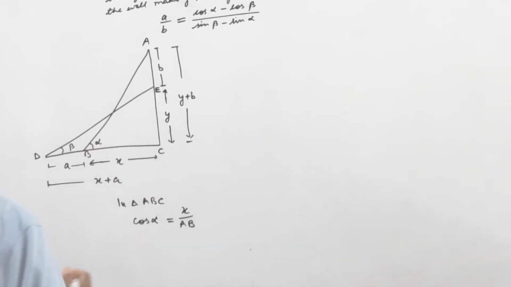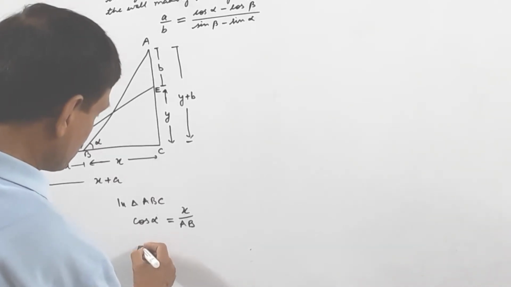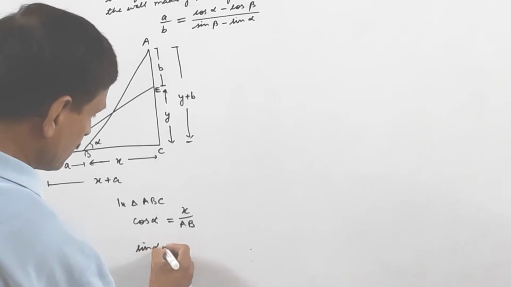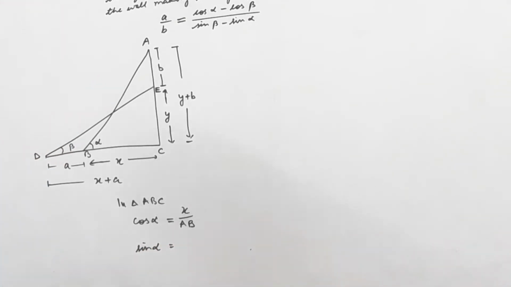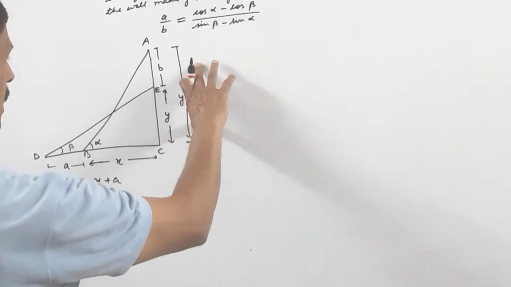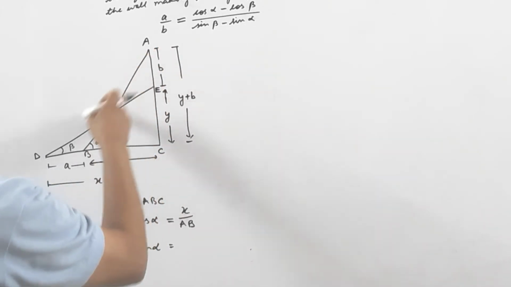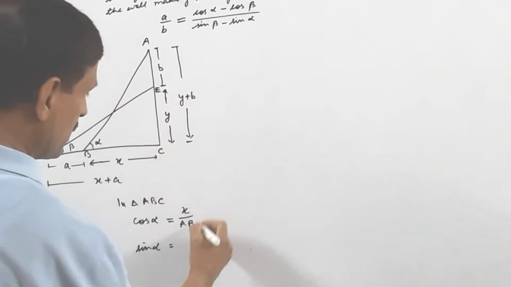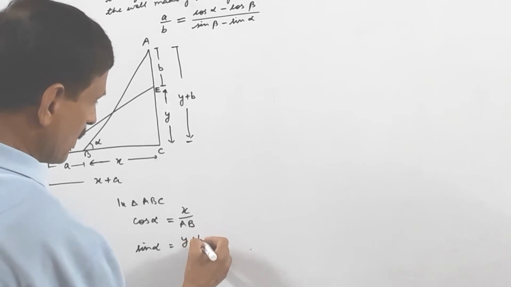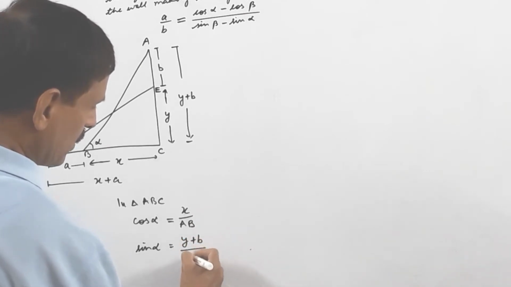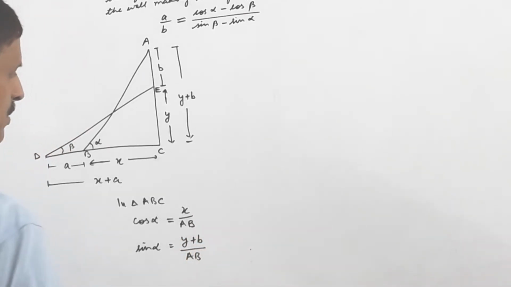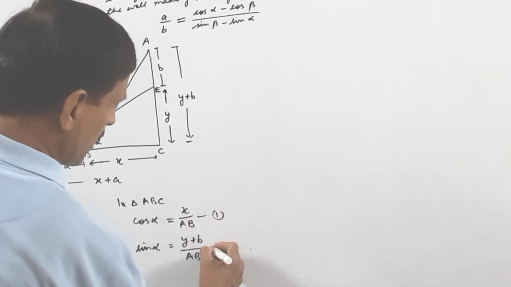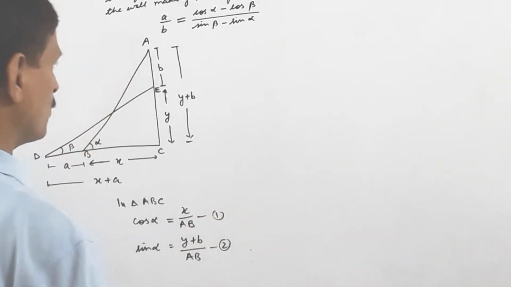And sin alpha is equal to perpendicular upon hypotenuse, that is AC upon AB, y plus b upon AB. Let this be 1 and this is 2.